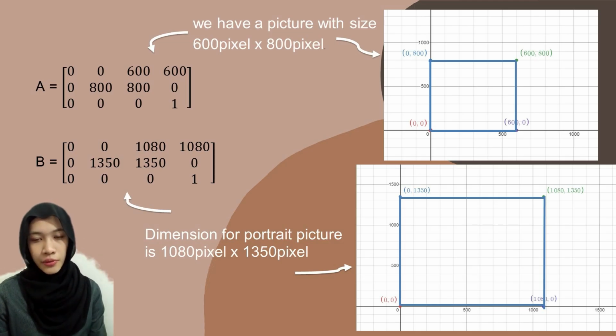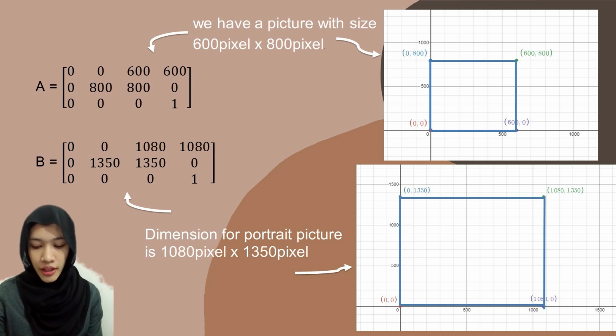On the other hand, we have a picture whose size is 600 pixels width and 800 pixels height. We change the picture into a graph and it looks like in the slide, and after that we change the graph into matrix form. We also change the dimension for portrait pictures in Instagram into a graph and into matrix form.